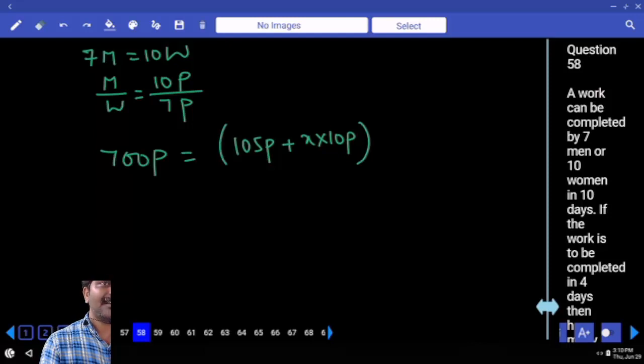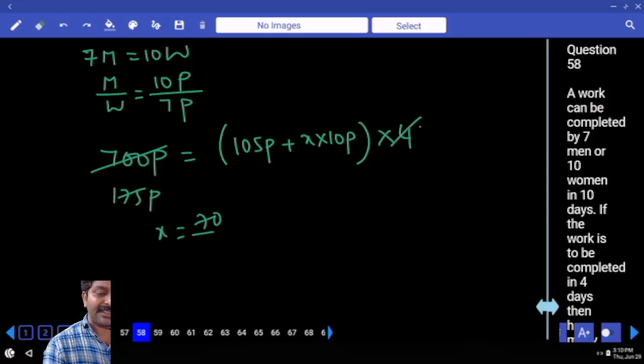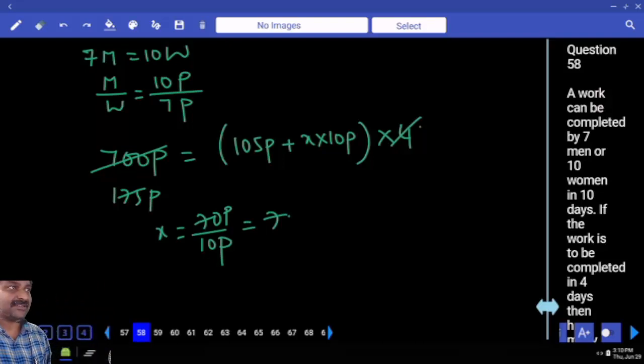This is the work done by 15 women and X men in 1 day. They need to work for 4 days, so into 4. That gives 700 parts equal to 420 plus 40X. 105 comes to the left-hand side, and that becomes 70. X is equal to 70 parts by 10 parts, which is equal to 7. That means how many men need to assist? 7 men.